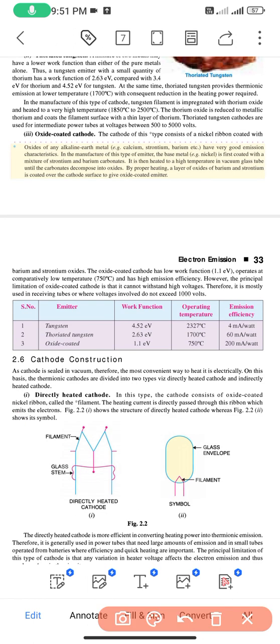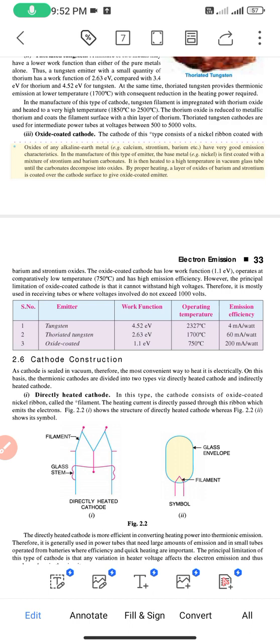Now we will discuss oxide coated cathode. This cathode type consists of a nickel ribbon coated with barium and strontium oxide.